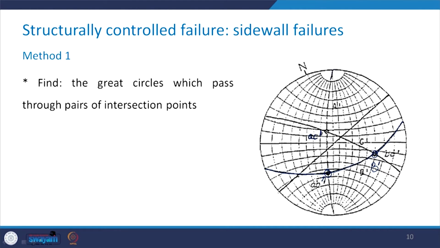Okay. So, you see that this is the common great circle which is passing through both of these points, and here you see that the plane A is common. So, we are calling this great circle A prime. In this case it was B prime, and similarly this one is going to be represented as C prime. So, this is how we get three great circles which are passing through these pairs of intersection points.